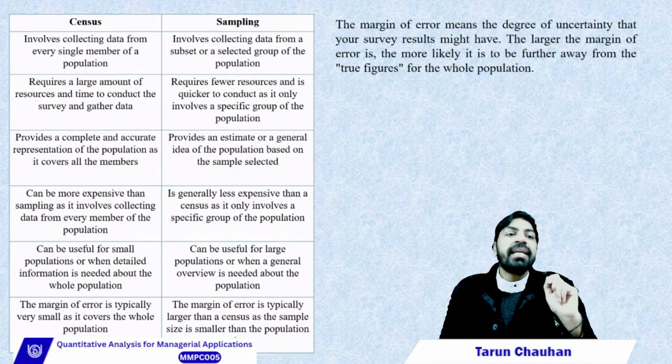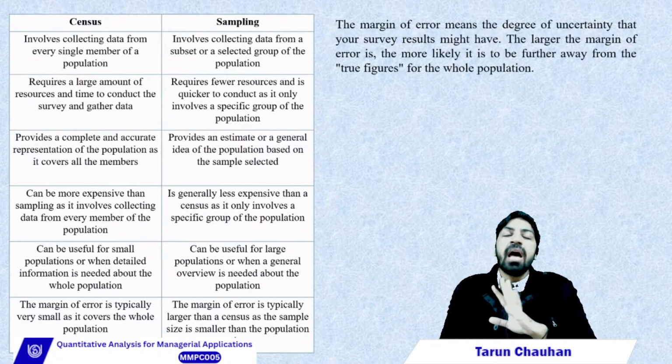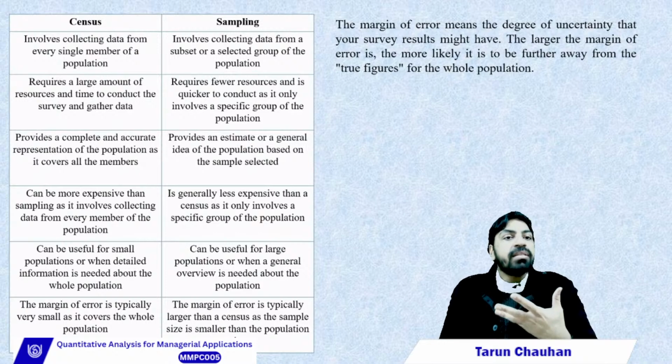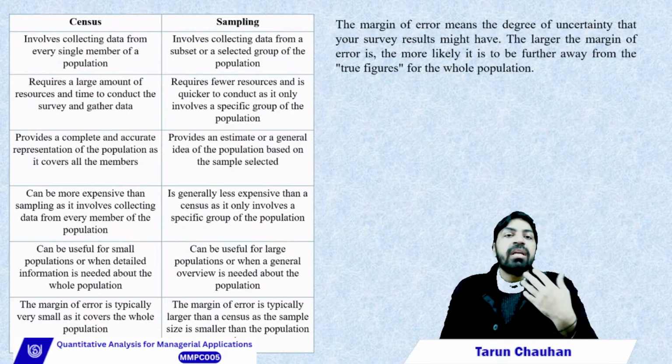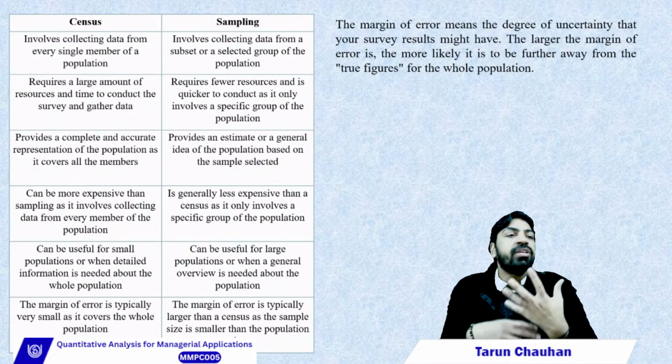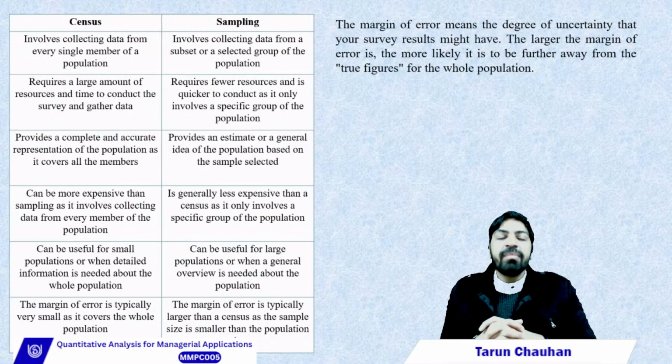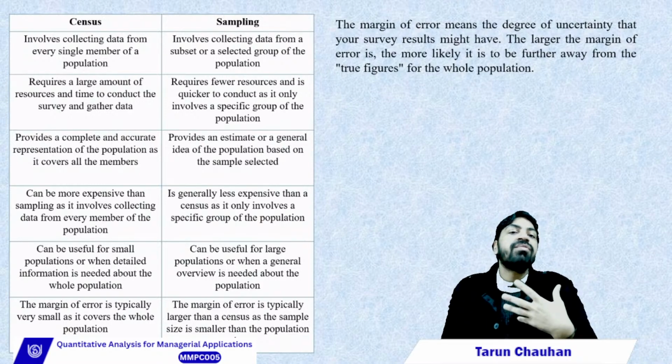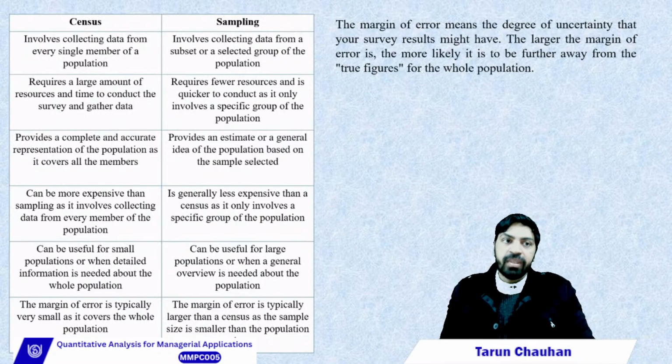Next one is census. It requires a large amount of resources and time to conduct the survey and get the data. But when we talk about sampling, it requires fewer resources and is very quick to conduct a survey because it involves a specific group of the population.